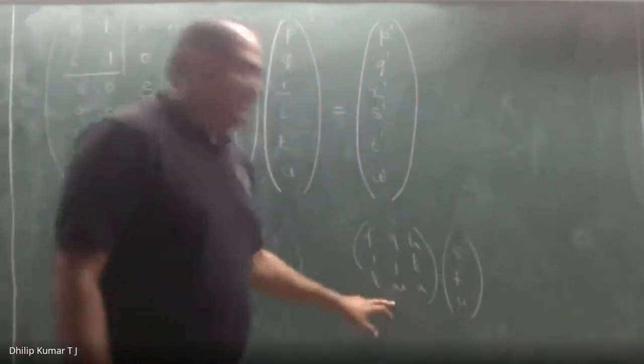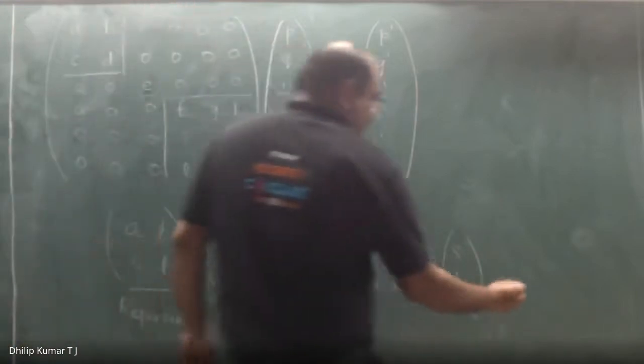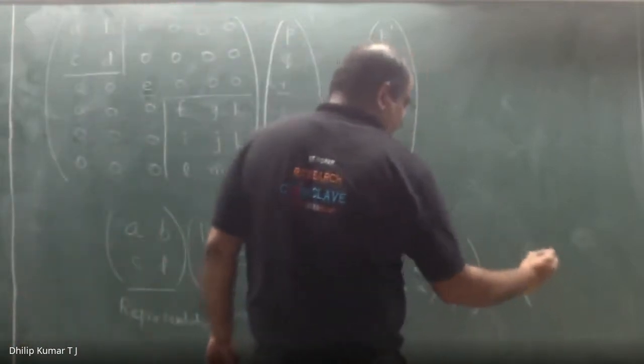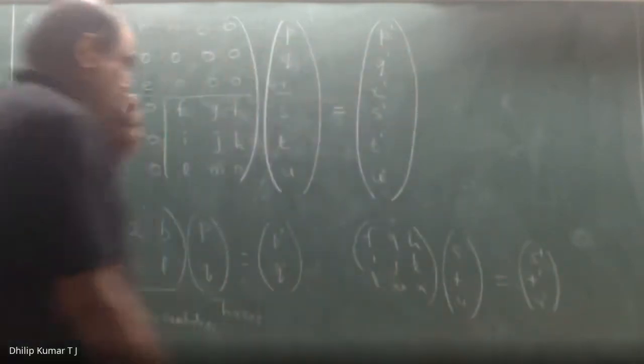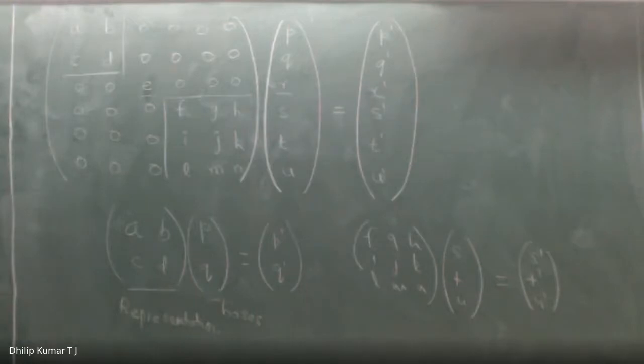If you take the basis, multiply with the representation, then it will give you a new matrix. So it will give a 3 by 1 matrix.